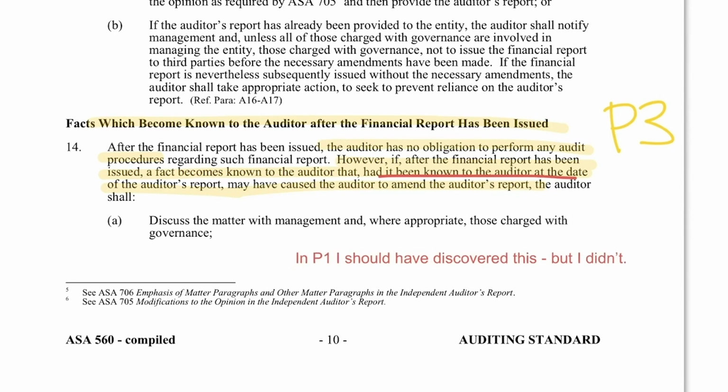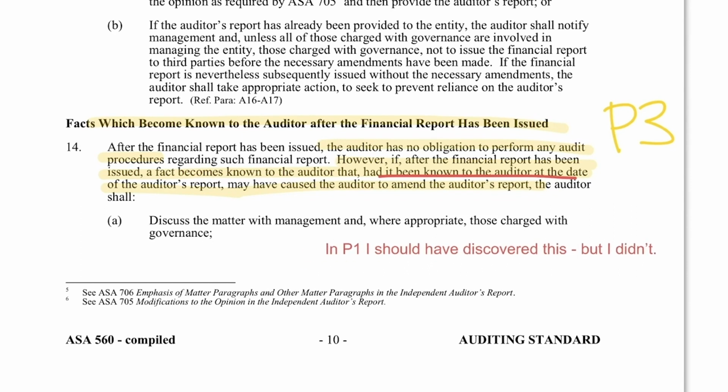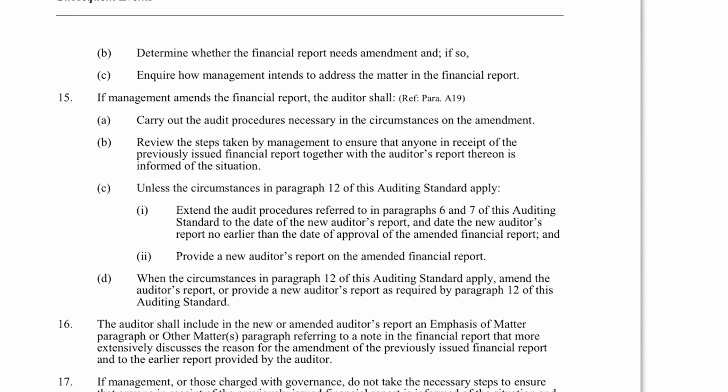Therefore, the onus is on the auditor to go back, discuss with management, and then go through and investigate. So I have to search and say, well, do we need to have a change to the financial report? What does management intend to do? If management say, yes, I'll make a change, so they're saying big tick to making the adjustment, then we'll go and we'll do the audit procedures necessary to make sure we've got the right assessment.